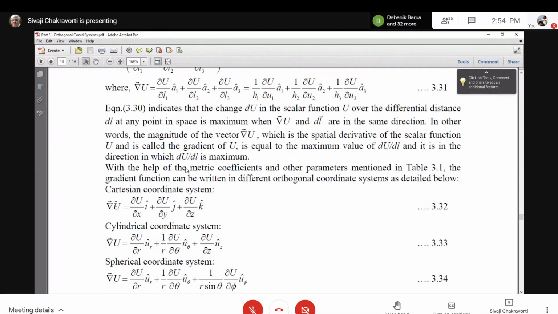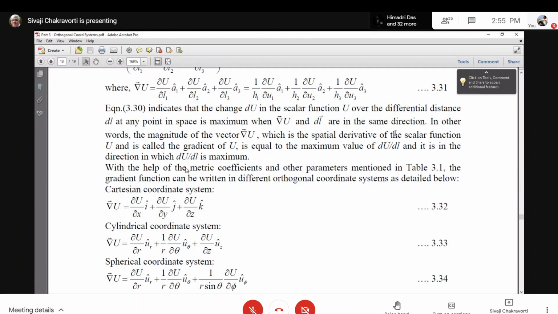So you can see that instead of writing all different equations, if we write only equation 3.31, I can get it directly. If it is the cylindrical coordinate system, u1, u2, u3 will be r, theta, z, a1, a2, a3 will be ur, u theta, uz, and h1, h2, h3 will be 1, r, 1.